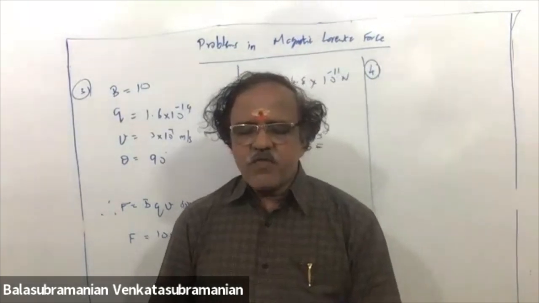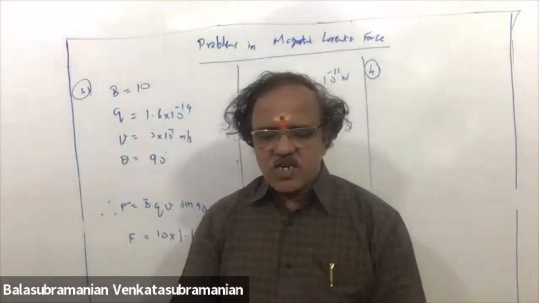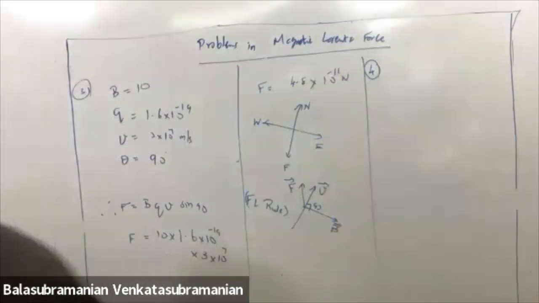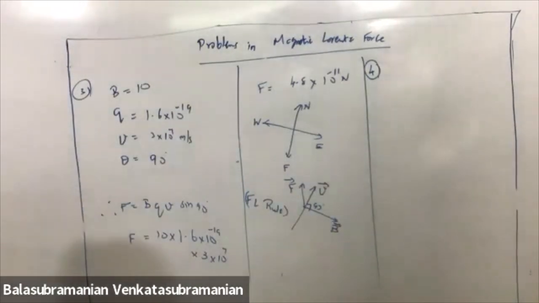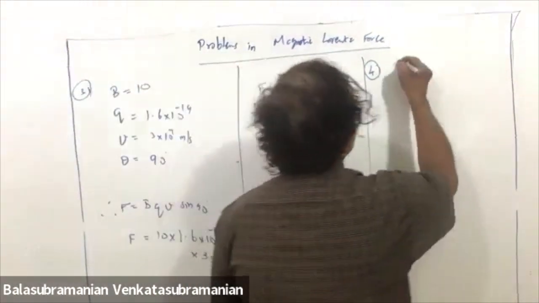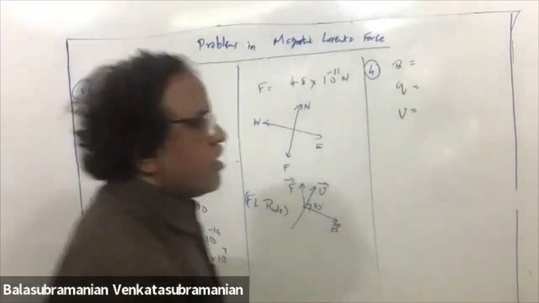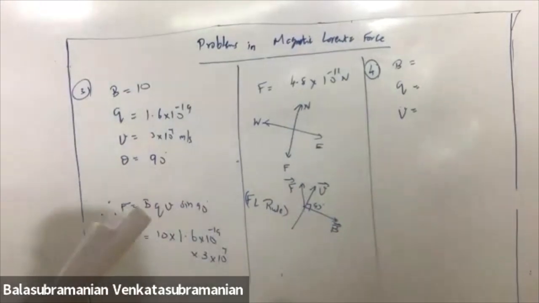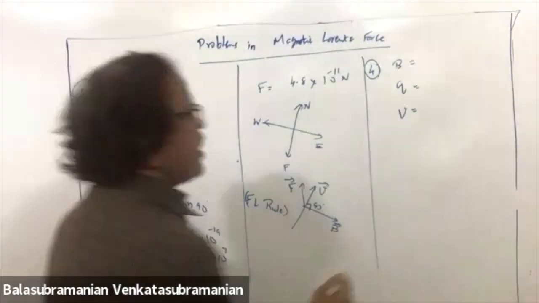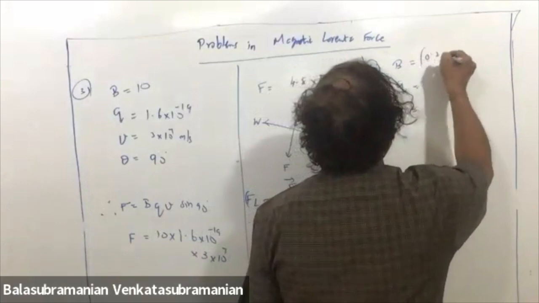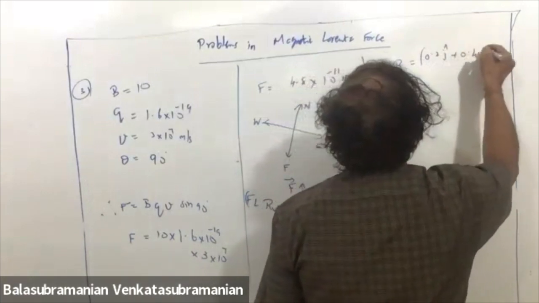Find the magnetic force acting on the charge. BQV. What are the data given? B is 0.2 J plus 0.4 K.